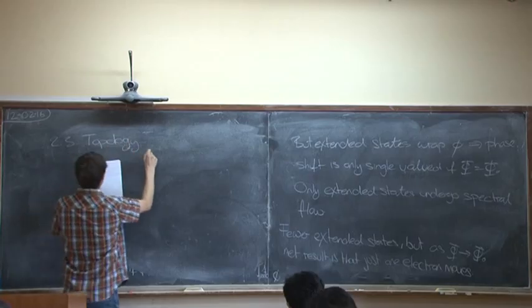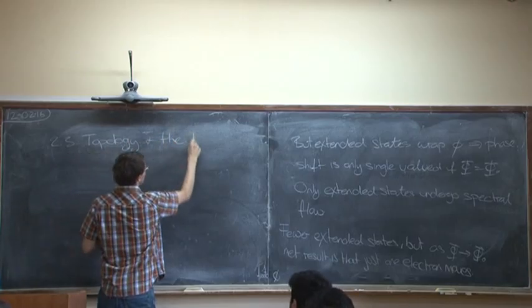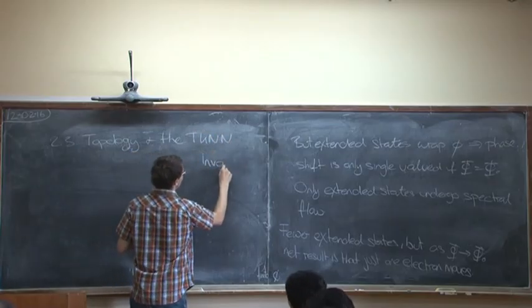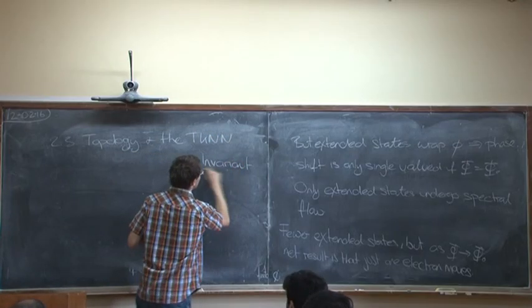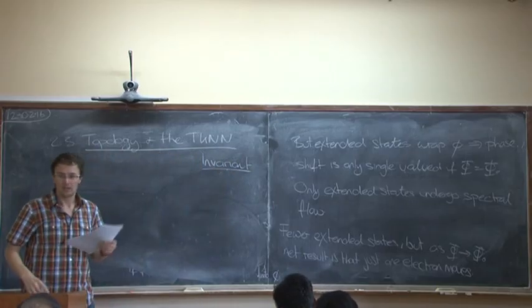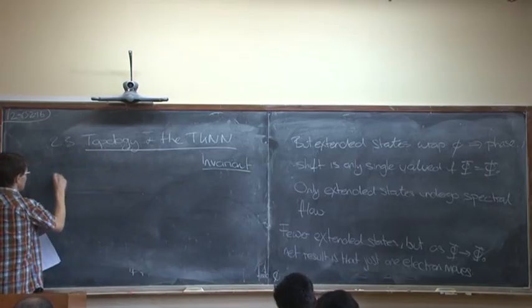We're going to talk about an amazing formula called the TKNN formula. There's a much better way to see this quantization.